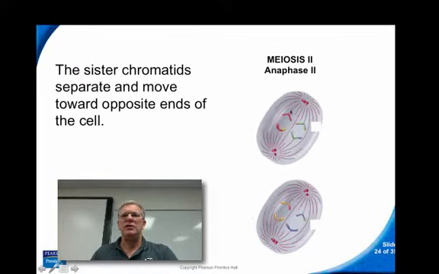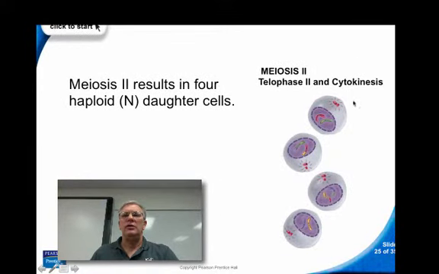During anaphase 2, the sister chromatids separate and ultimately are put into different cells in telophase 2 and cytokinesis. The end result of meiosis 1 and 2 are 4 daughter cells that are haploid in number.